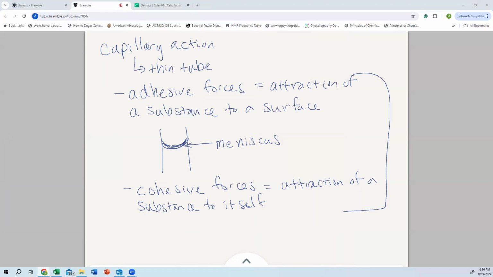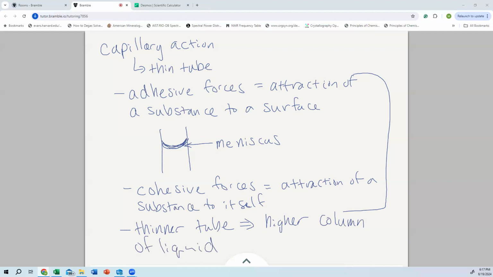And the thinner the capillary, the more that liquid will go up. But it's also going to be fighting against gravity. So a thinner tube is going to lead to a higher column of liquid.